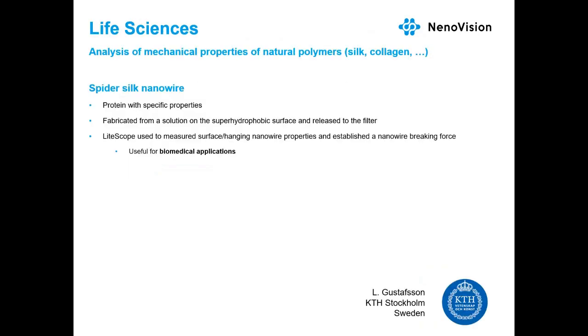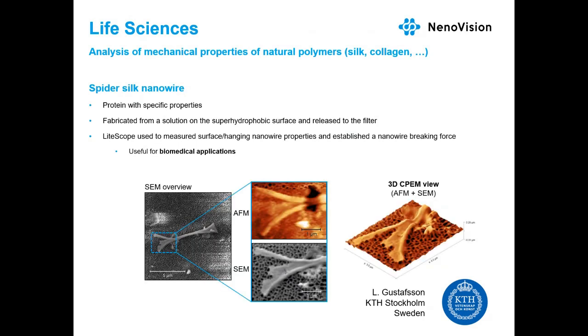So what is this about? Colleagues at KTH in Stockholm had a silk nanowire, and they were interested in the analysis of the mechanical properties of this natural polymer. What we can offer at first is to visualize and analyze the dimensions and give a much better idea of how the nanowire looks.